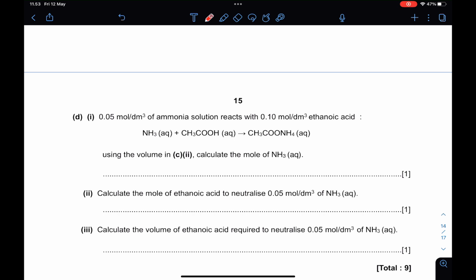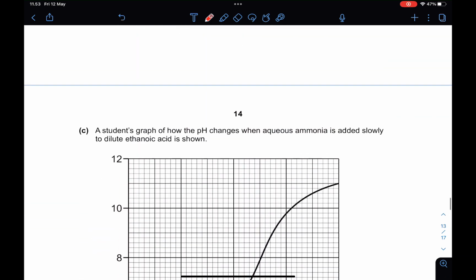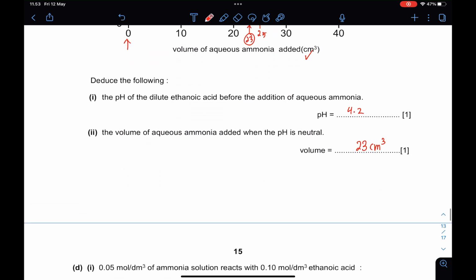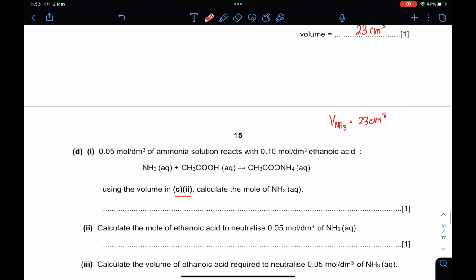Now, 0.05 mole per dm cube of ammonia solution reacts with 0.10 mole per dm cube of ethanoic acid, and we have the equation over here. Using the volume in C2, the volume of C2 is 23 cm cube, which is the volume of ammonia.